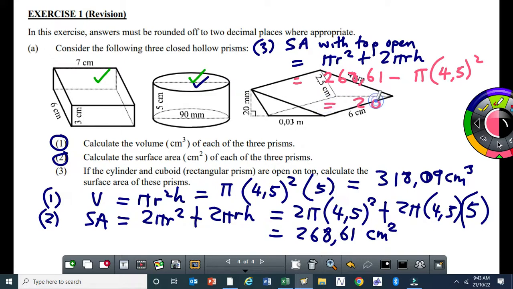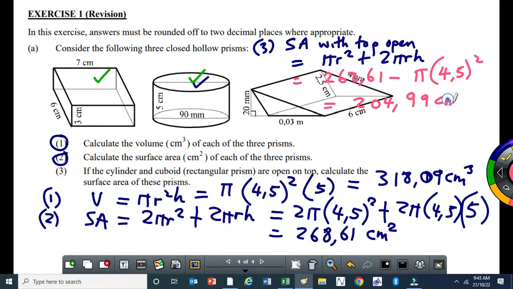This will be 204,99. What's the third digit? It's 988. So that will be 9, 9. And then that will be 7 squared.